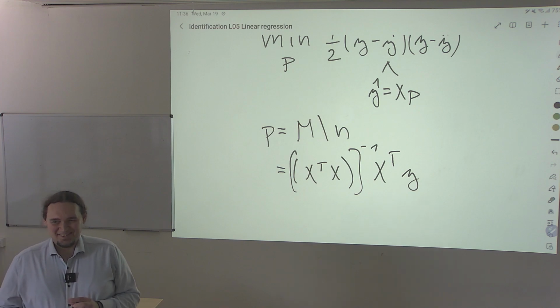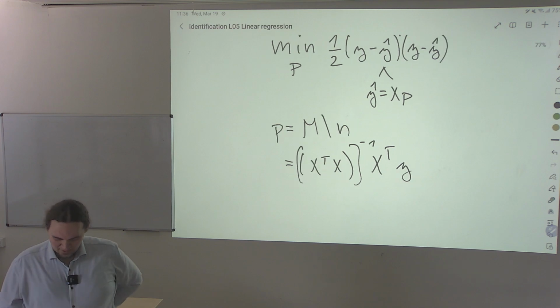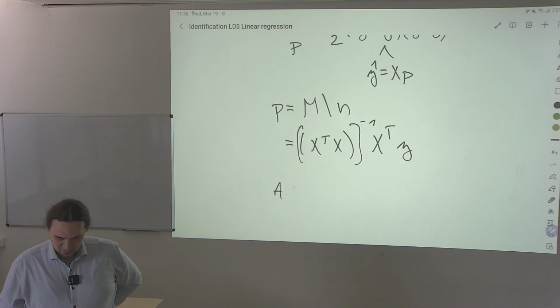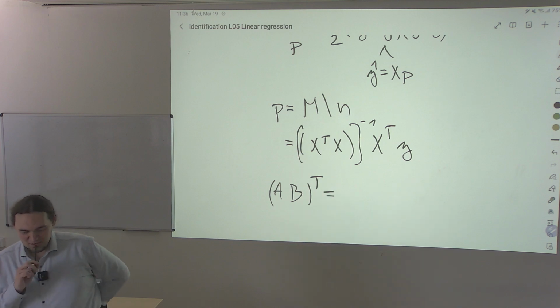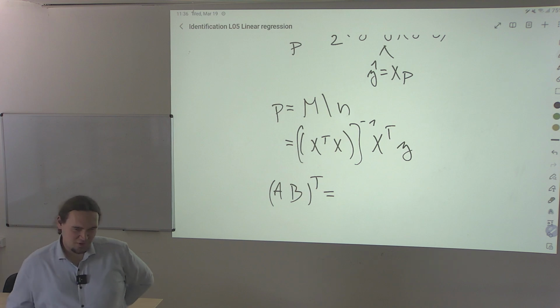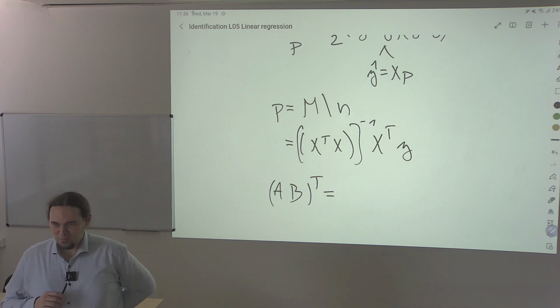Any questions? No. If you want, you can refresh your knowledge about how we do the transposes. If we have a matrix A times matrix B and we transpose them, how will the transpose of the product look?